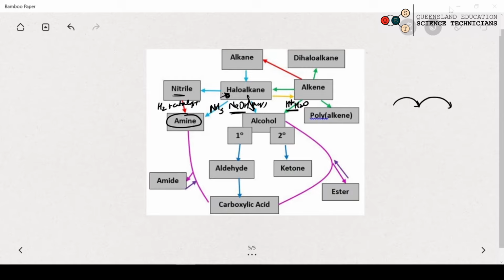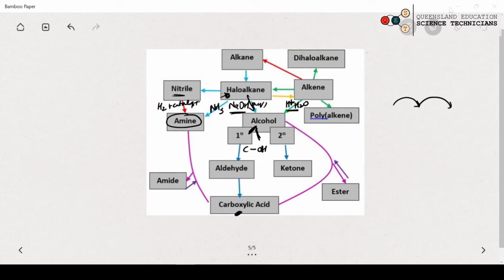We do need to remember that if its end product is a carboxylic acid, this would have been a primary alcohol. So if we were told that the intermediary was an alcohol, the final was a carboxylic acid, and we were trying to work out whether it came from a haloalkane or an alkene, if you've got to say what the structure of this was, remember that that OH group has to be on the end.